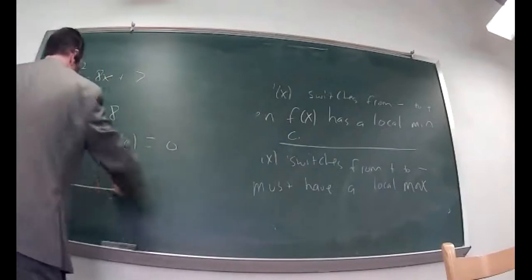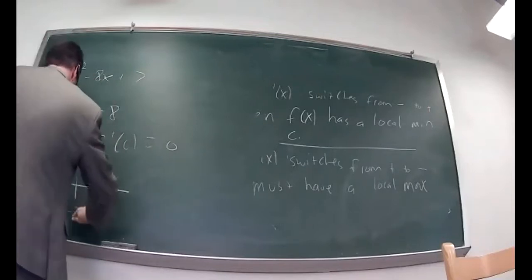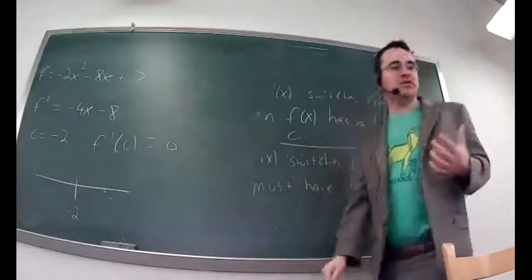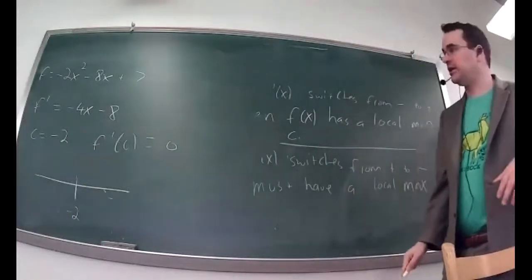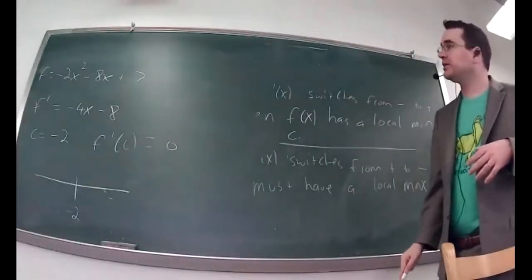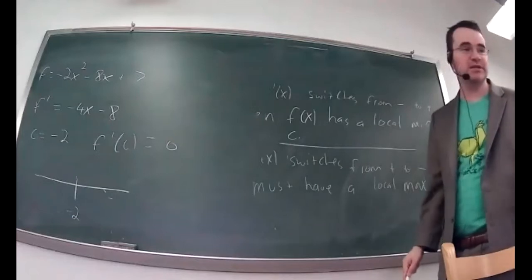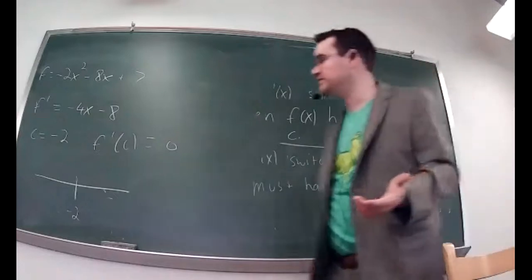You draw your number line for the derivative and put negative 2 here, and you test a point, so plug in negative 3 to minus 4x minus 8, and you'll get a positive number.